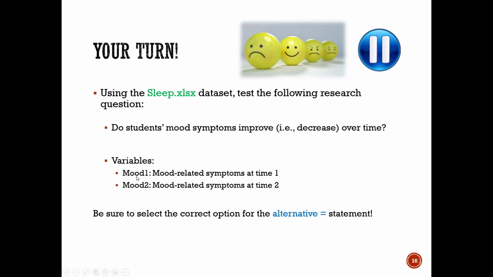Here are the two variables, mood 1 and mood 2, which are mood-related symptoms measured at time 1 and time 2. The question is asking whether the mood-related symptoms go down over time between time 1 and time 2. Based on that, be sure to select the correct option for the alternative statement, and I look forward to hearing what you found out on campus.